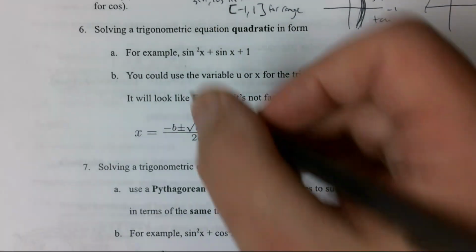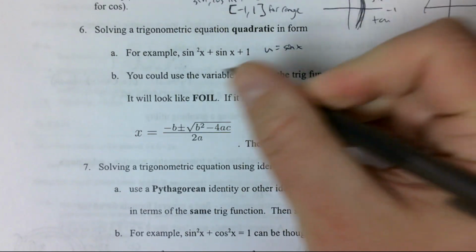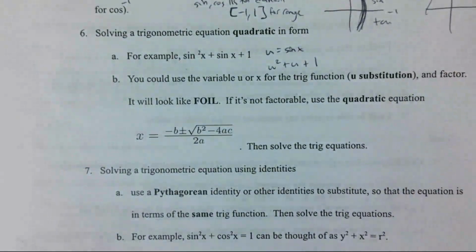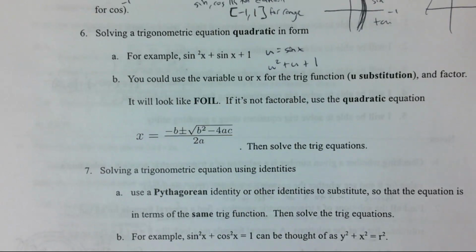Like you can say u equals sine x, and so that's the same thing as saying u squared plus u plus 1. So you might want to get used to that. Some people just think, well, I already understand it. So you don't have to use u substitution if you don't want to, but you could.